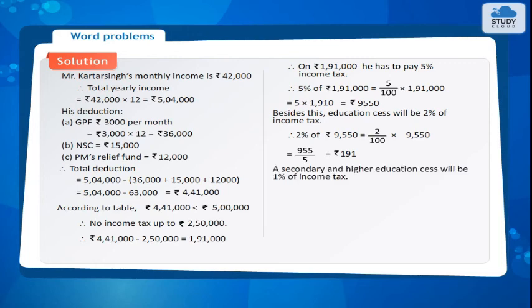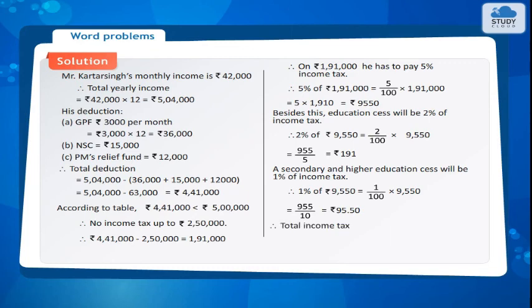A secondary and higher education cess will be 1% of income tax. Therefore, 1% of rupees 9,550 is equal to 1 upon 100 into 9,550 is equal to 955 upon 10 is equal to rupees 95.50.